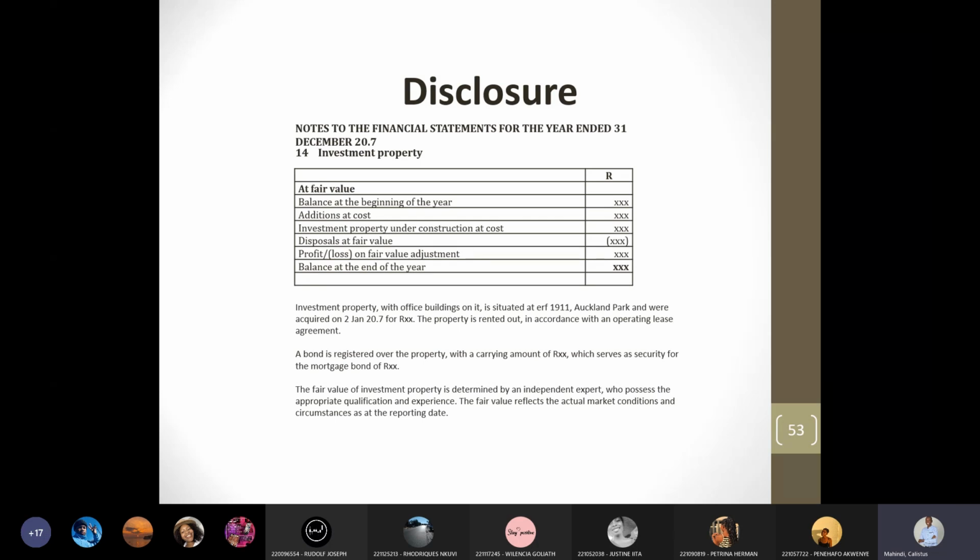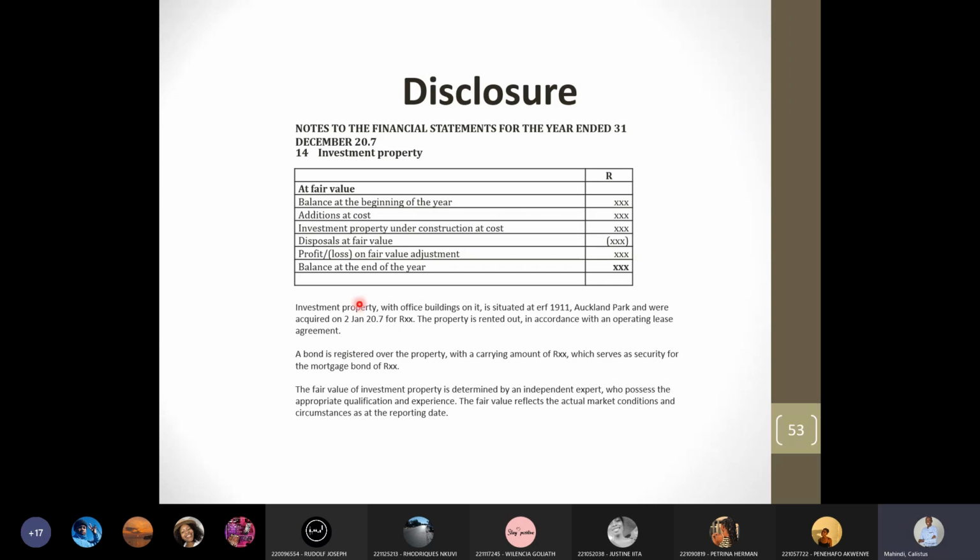And then the last important note that we have is the investment property note. The investment property note looks like the property, plant, and equipment reconciliation note. So when we talk about the investment property reconciliation note, this note looks exactly like the property, plant, and equipment reconciliation note.